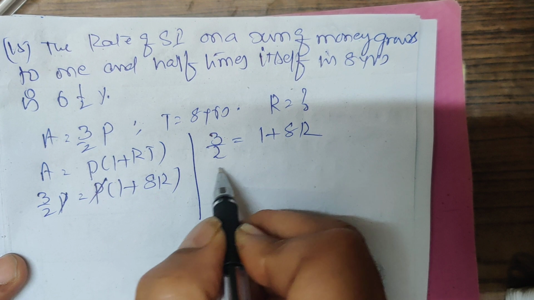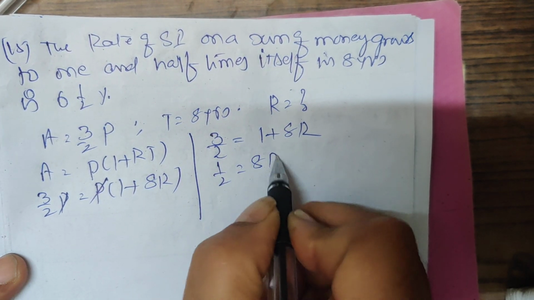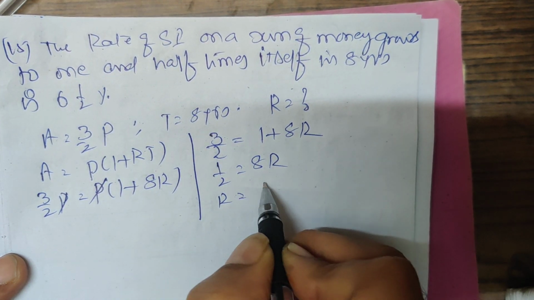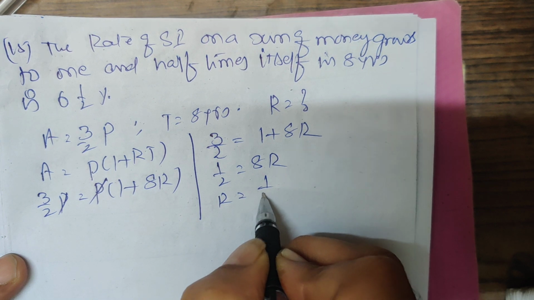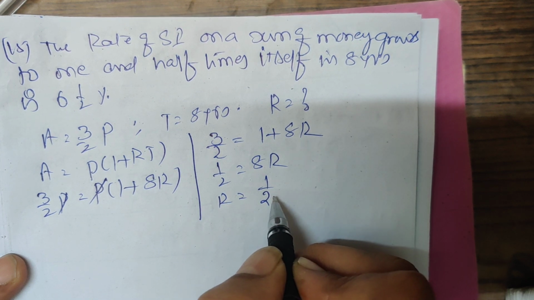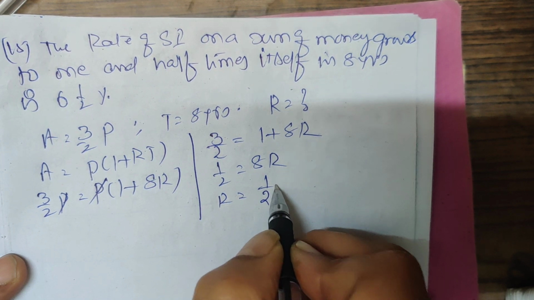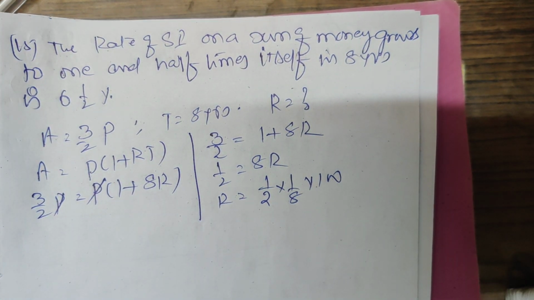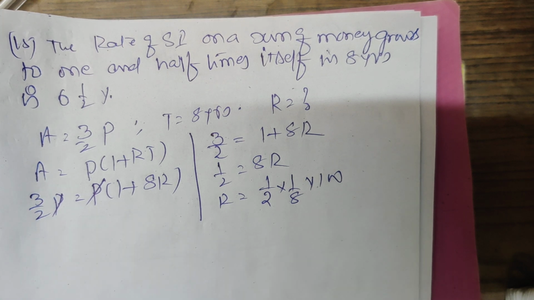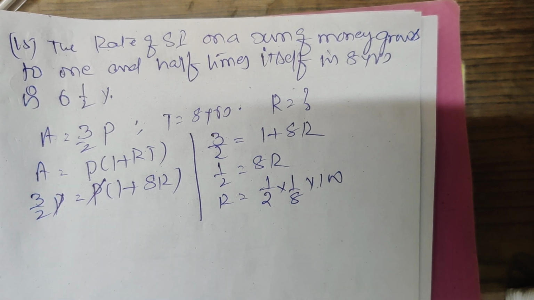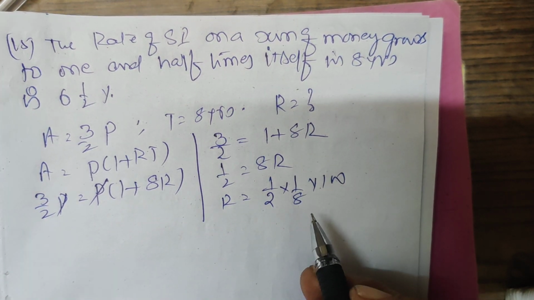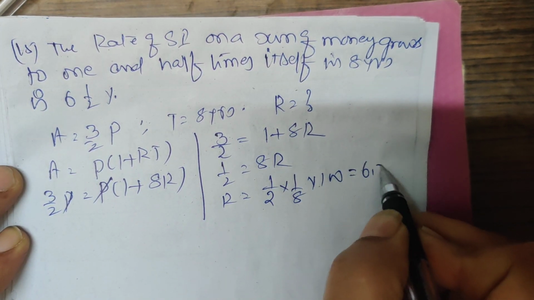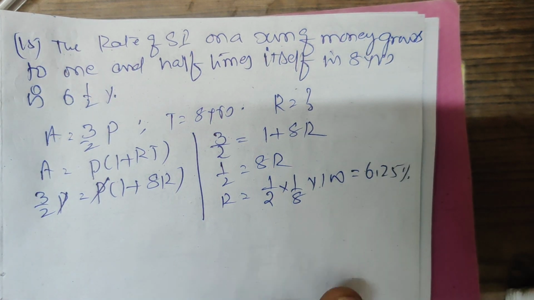If I bring 1 to this side, 1/2 is equal to 8R. R is equal to 1/2 into 1/8 into 100. So this is 100 divided by 16, 6.25, 6.25%.